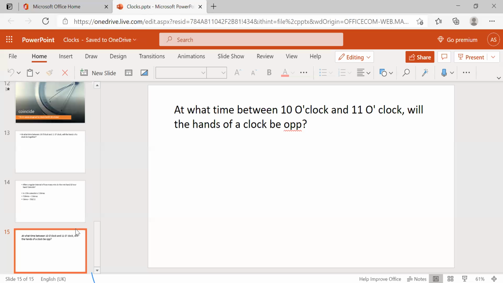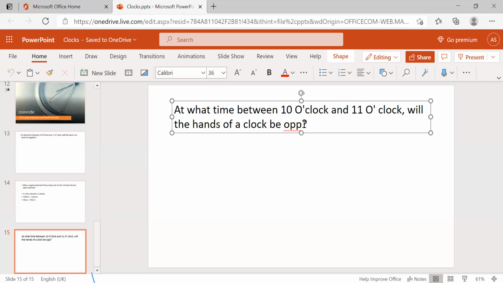Here, the last one. What is the time between 10 o'clock and 11 o'clock when the hands of the clock will be opposite each other? I think it was discussed yesterday. Now we'll make this 1 and 2.